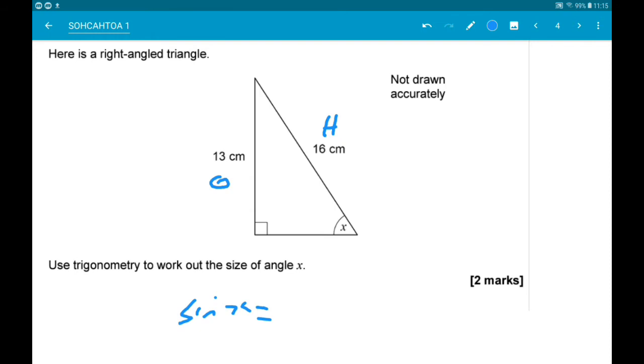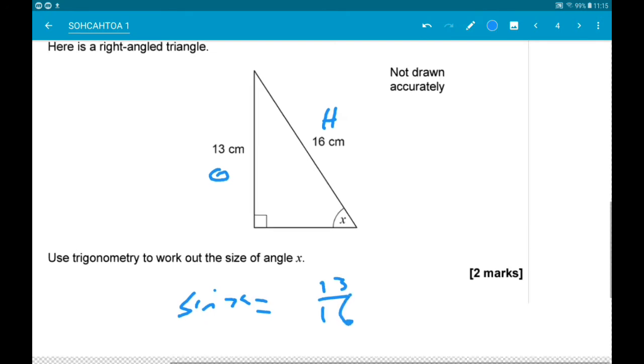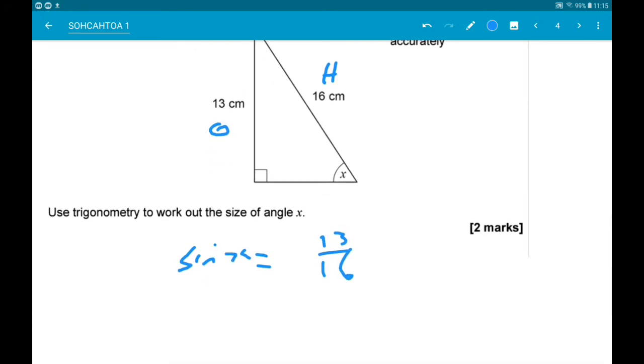So, 13/16. x then is the inverse sine of 13/16, which gives us 54.3 degrees.